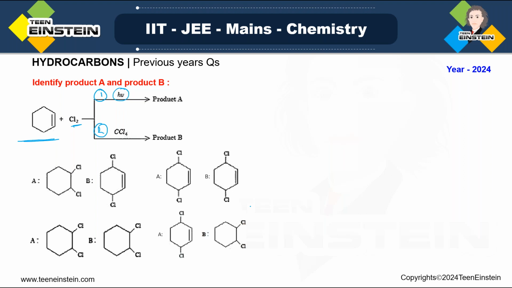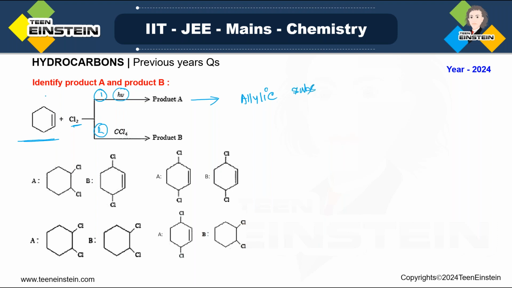Both the products are not the same. It is true that in both cases, chlorine is the reagent with which the C=C double bond will take part in reaction. That is fine. But the reaction types will not be the same. So for reaction 1, in the case of product A, basically allylic chlorination will take place, or you can say allylic substitution.